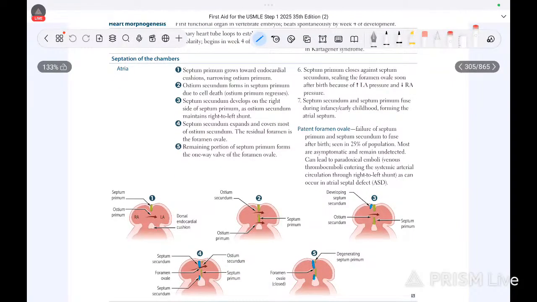First, as you can see, the septum primum goes towards the endocardial cushions. So this is the endocardial cushion. The septum primum goes towards it, and hence the ostium primum is getting narrowed.